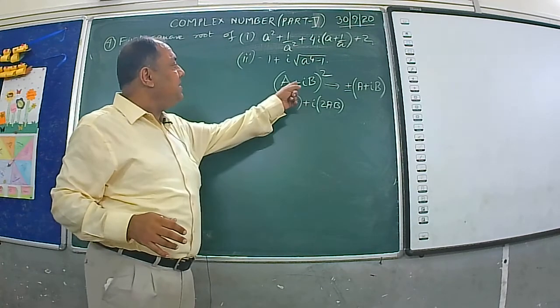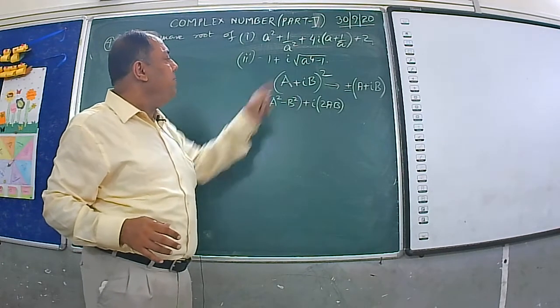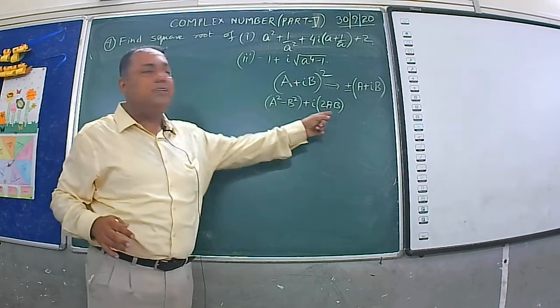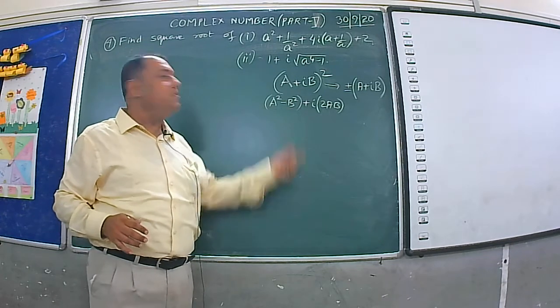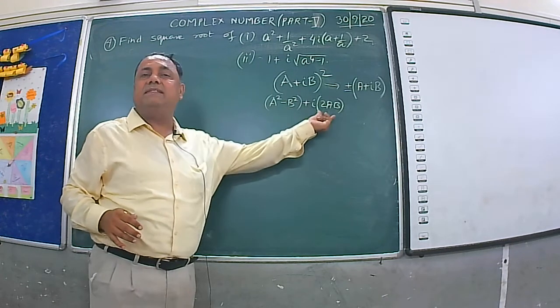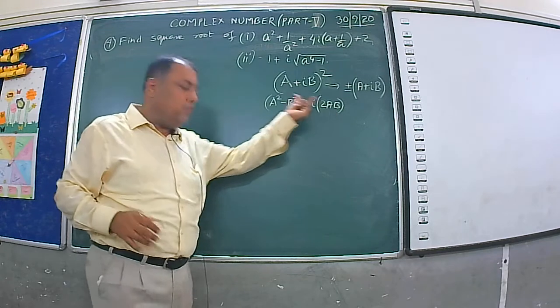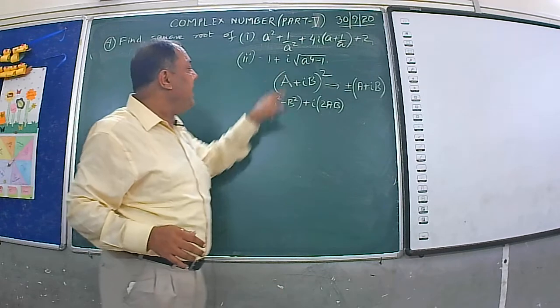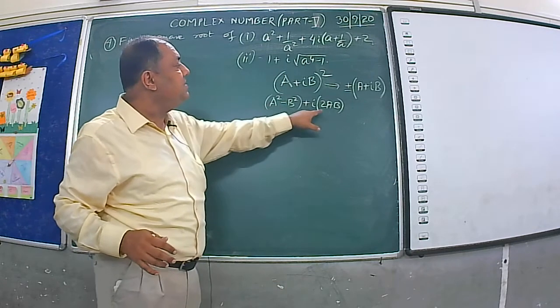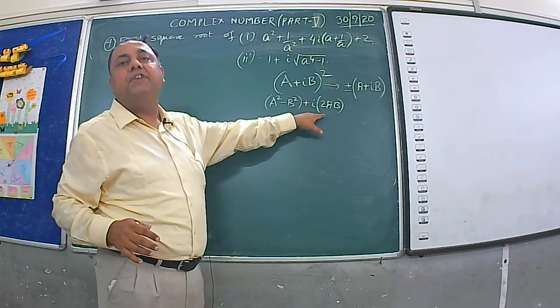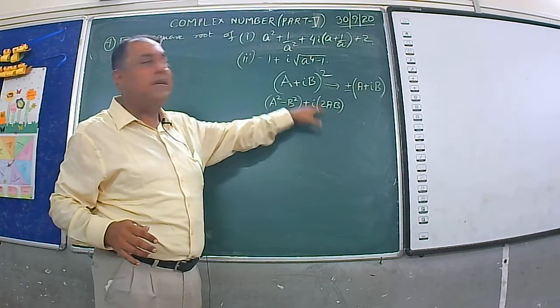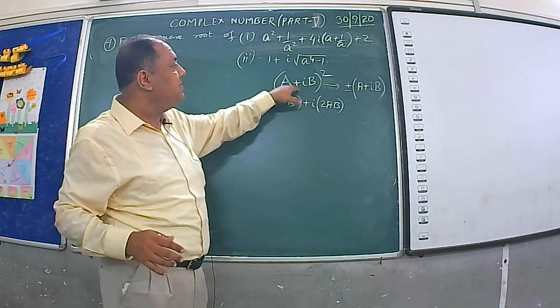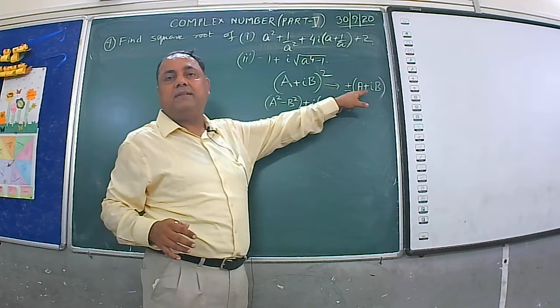This expression, if opened, is of this particular form. This is the real part and this is the imaginary part. So this given problem has to be expressed in this particular form. If I can do that, then automatically I will return back to this and that would be my required answer.